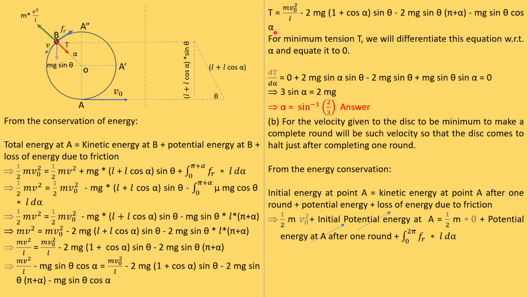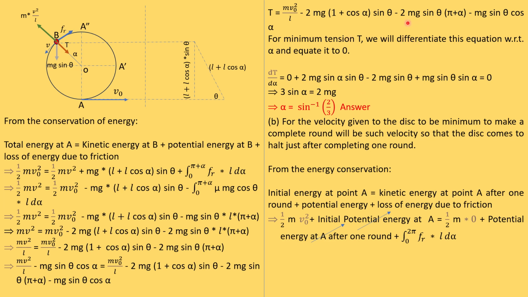For tension to be minimum, we can differentiate this equation with respect to alpha and equate it to 0. So that we have done here. This is constant, so its differentiation will be 0. Here cos alpha will give minus sine alpha, and the minus is already here, so this will become 2mg sine alpha sine theta.